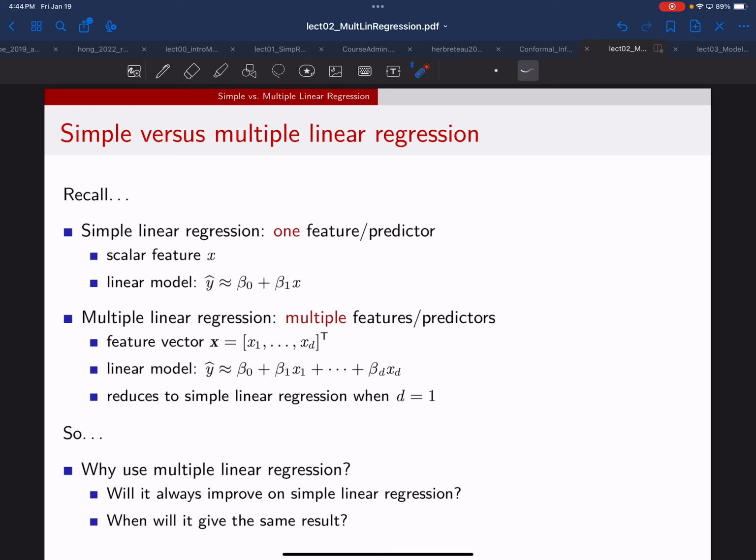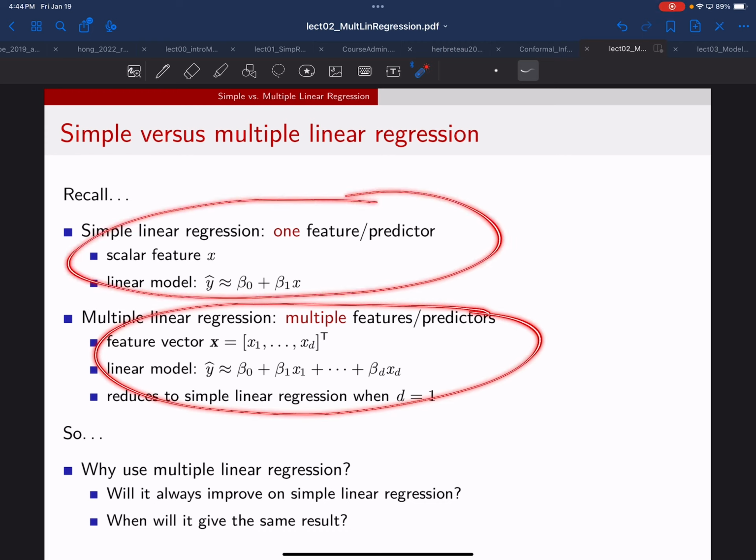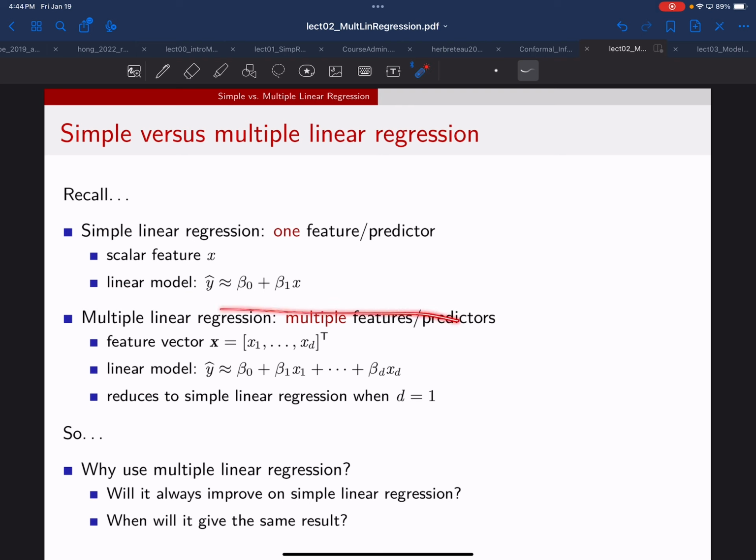Now in this unit, we said, what if we have several features, d of them? We came up with this multivariable linear model that handles d equals 1, but also d equals 2 or any finite number. So the question now is, is there an advantage to this over this? Is this one always better than this, or only sometimes?